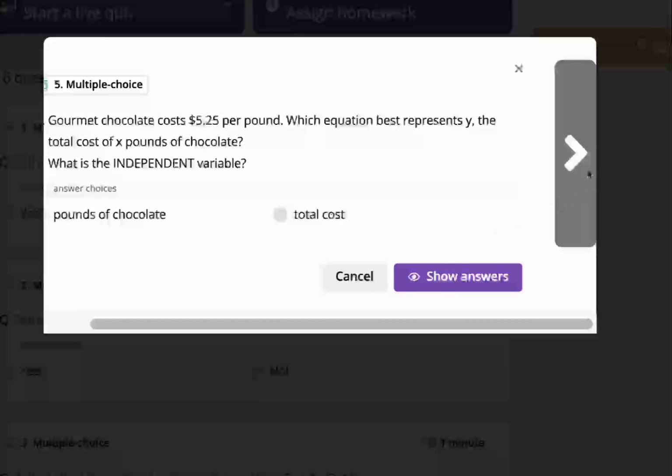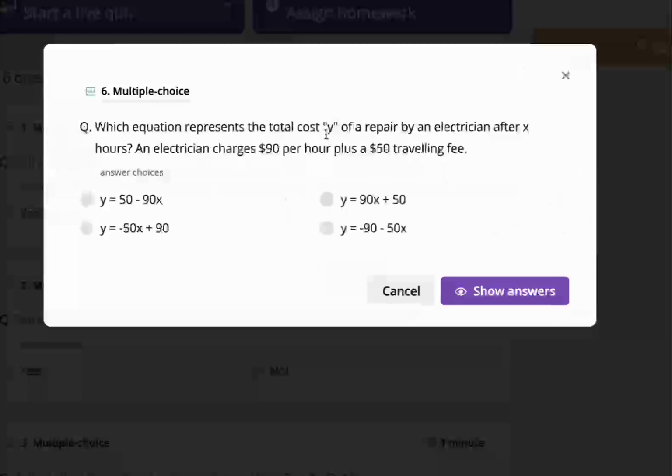We have one question only left here. The repairing fee is $90 per hour. You have x hours, and you should add $50 for the traveling fee.